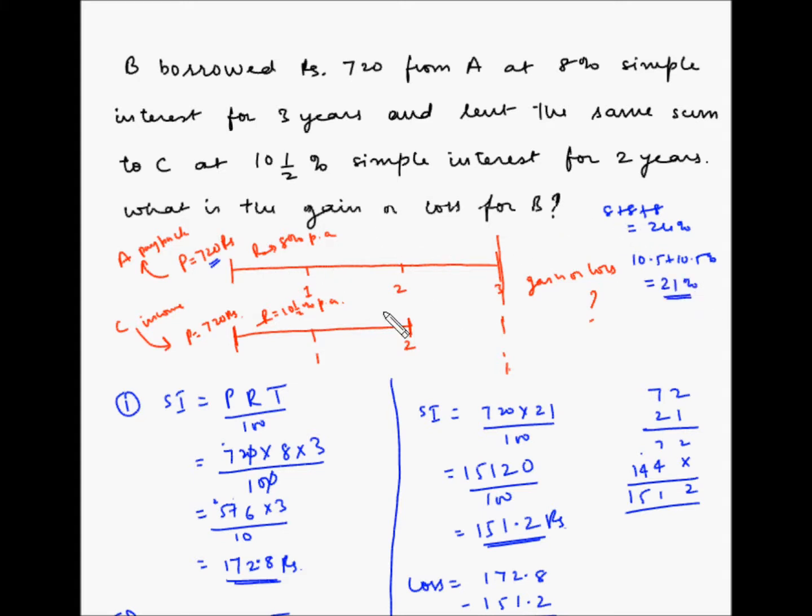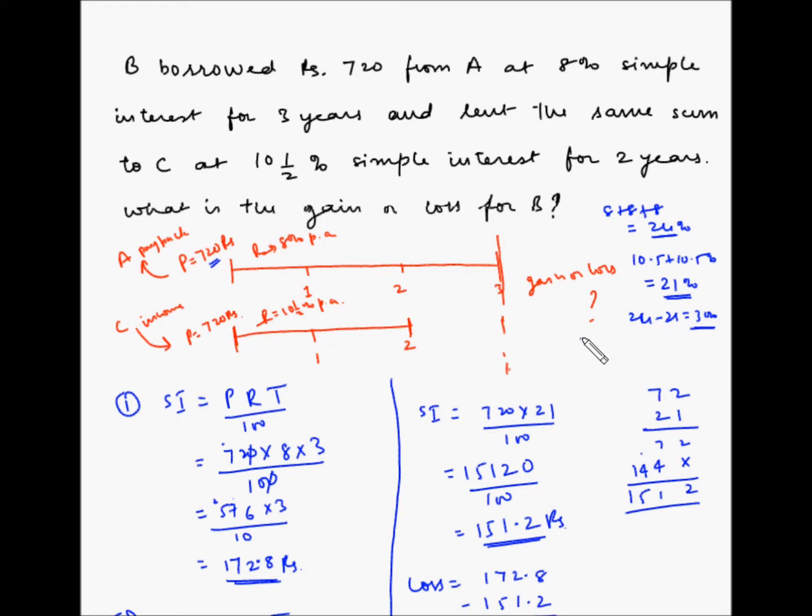So in this whole transaction, at the end of 3 years, he's going to pay back 24% to A and he's going to get back 21% from C. So the difference is definitely 24 minus 21, which is 3%, and definitely he's making a loss because he's paying a higher percentage back to A than what he's getting back from C. So he's making a loss of 3% on 720.